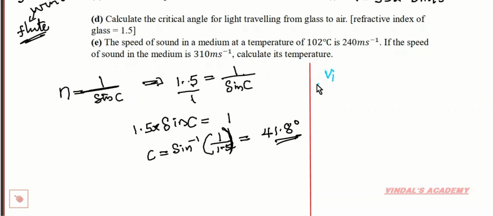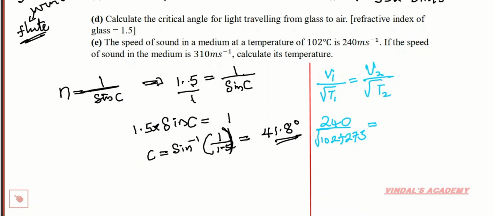So I will use this formula: V1 all over root T1 equal to V2 all over root T2. If I have this, I'm going to say that V1 is going to be 240 all over, and I need to convert this to Kelvin temperature, which is 102 plus 273.